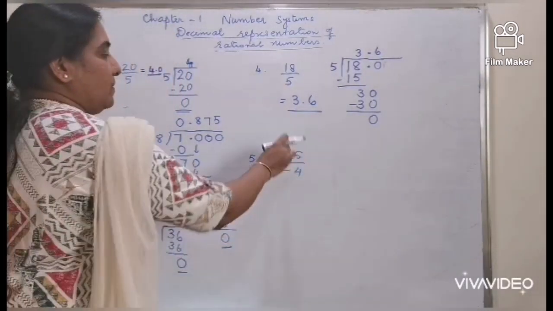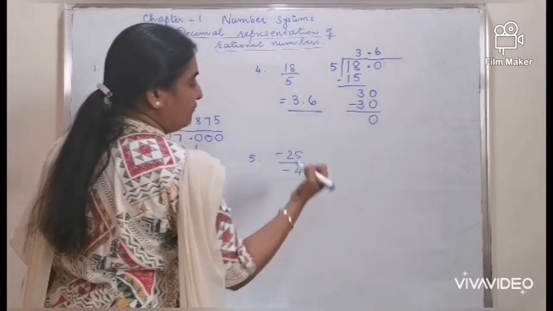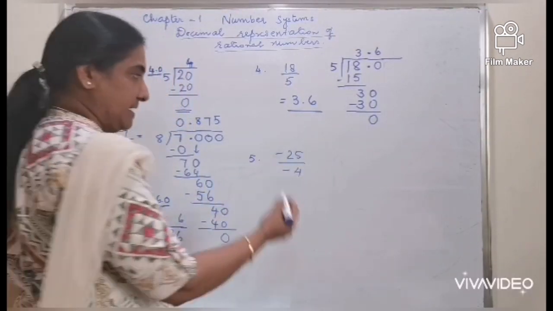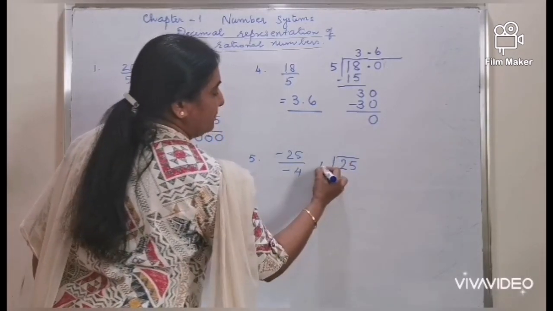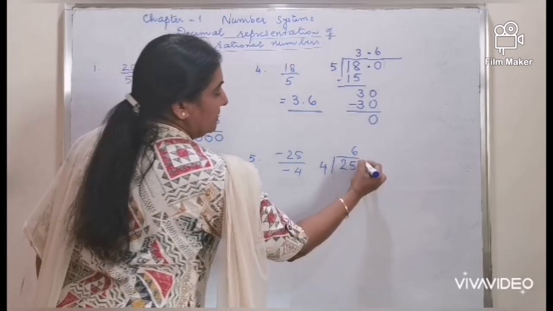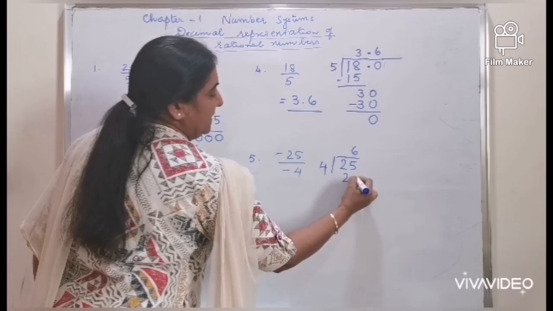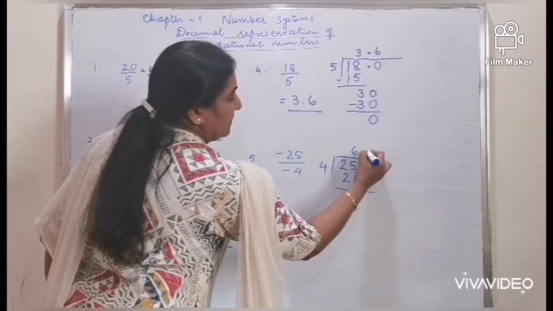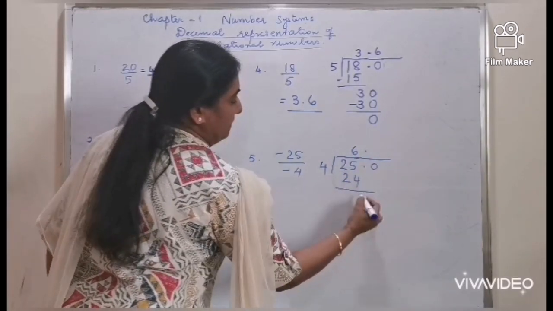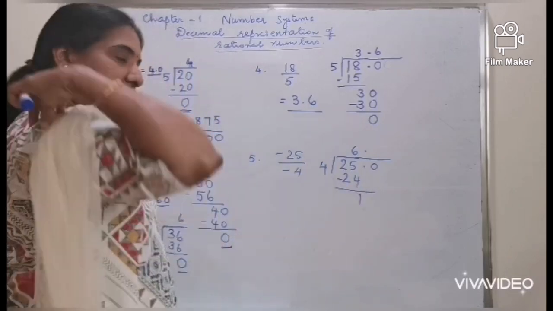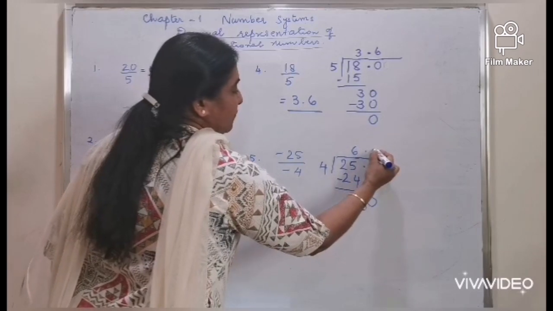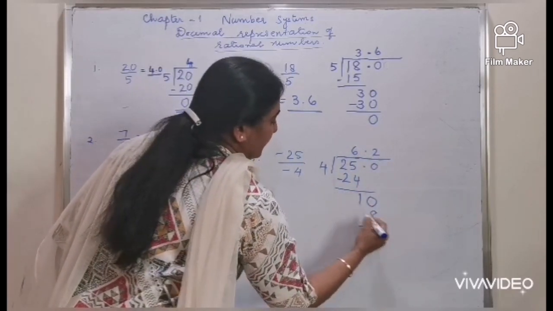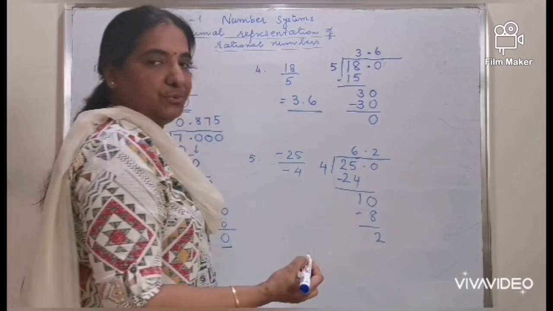3.6. What will be the decimal representation of minus 25 by minus 4? 25 divided by 4. 6 4s are 24. Then you are bringing 10. You are getting 4 2s are 8. 10 minus 8 is 2.